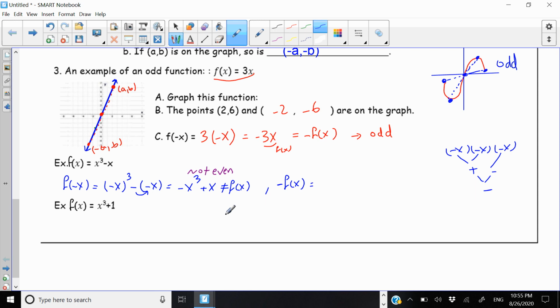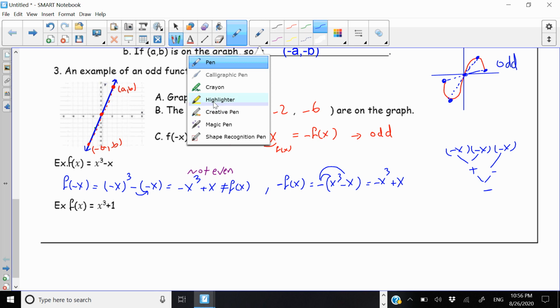So all I need to do here is to get the function, which is x to the 3 minus x, and put a negative beside that. Then I'm going to calculate this. I will distribute this negative to both these terms. Negative times x to the 3 is negative x to the 3, and negative times negative is positive x.